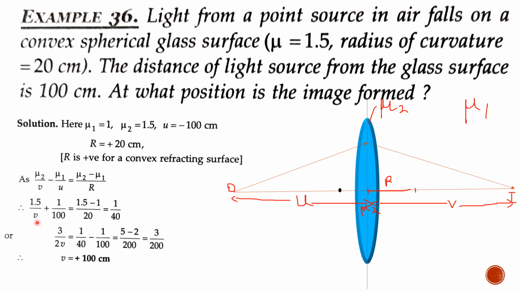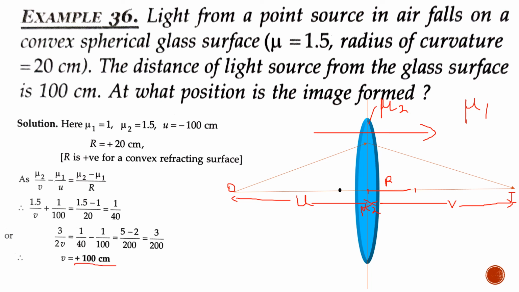The image distance will come out to be around 100 centimeter. So the image will be formed at 100 centimeter. Now look, this is from left to right, so the image distance should be positive. Make sure you get a positive 100 centimeter.